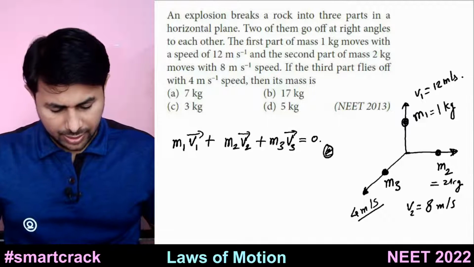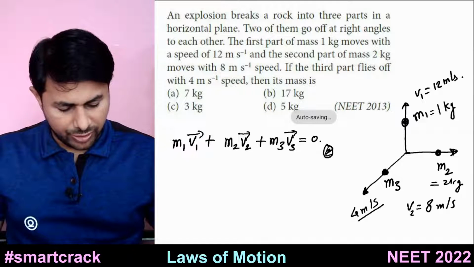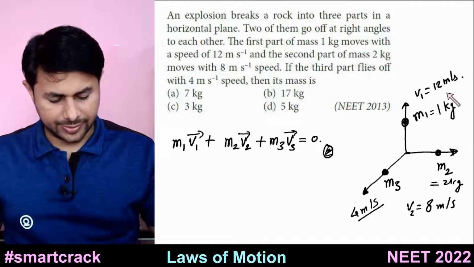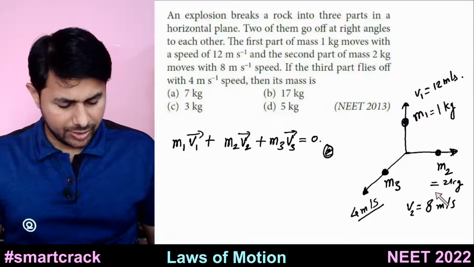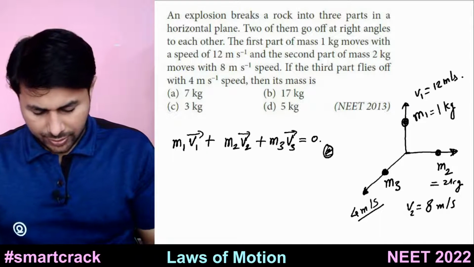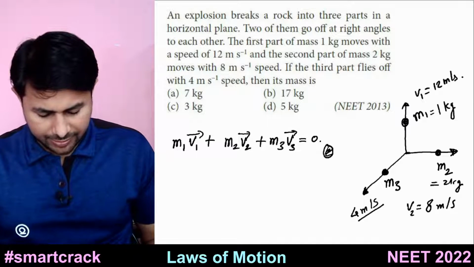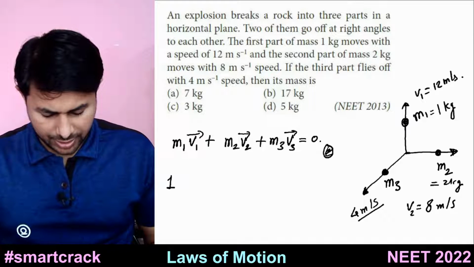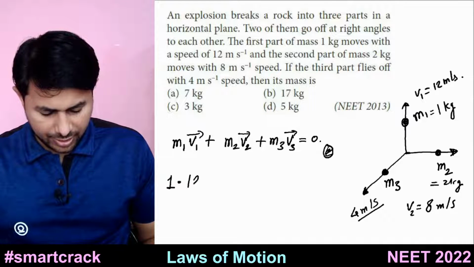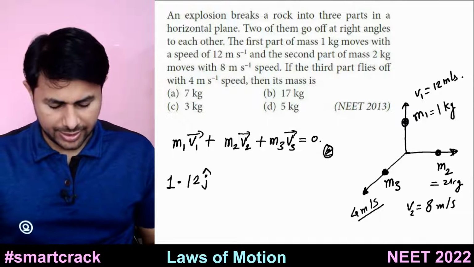Then what is the direction of v1? It's along the y-axis. What's the direction of v2? It's along the x-axis. So I can write that m1 has mass 1 kg, and its velocity is 12 meters per second along the y-axis, so I will write 12 j cap.